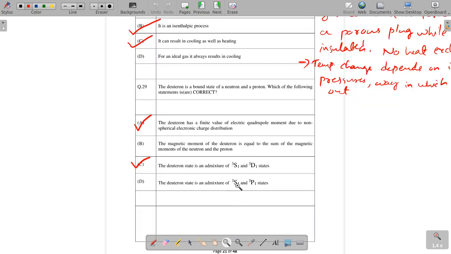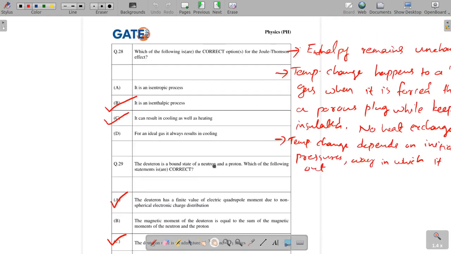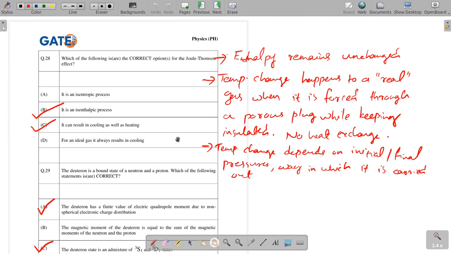Now several questions I have discussed. This is not much derivations or something. So which of the following are the correct options for the Joule-Thomson effect? You can simply Google the Joule-Thomson effect. I don't know whether you have it in the syllabus. I did not have it actually.